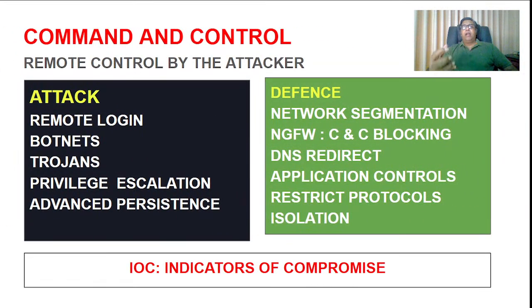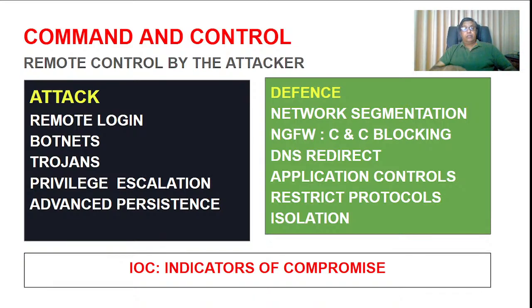Then they get the command and control, remote control by the attacker. Your system or your network or your router, your server gets controlled by the attacker. You can create remote logins, create a botnet using your own machines and attack your own server. Nobody knows.